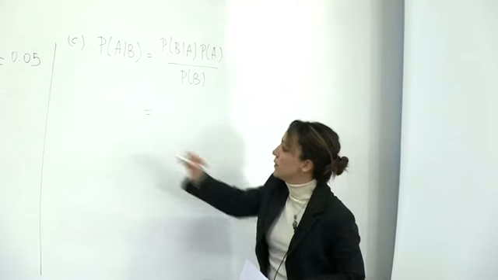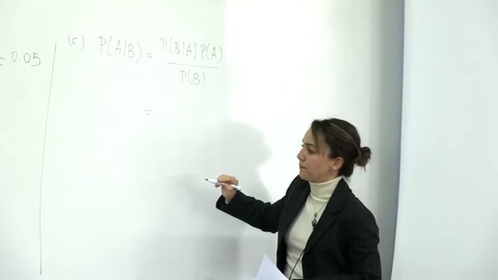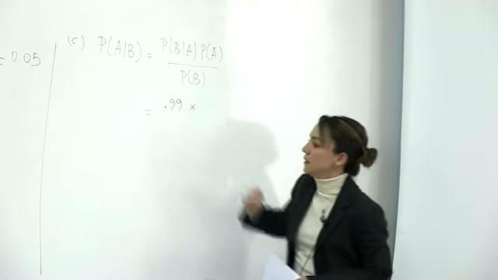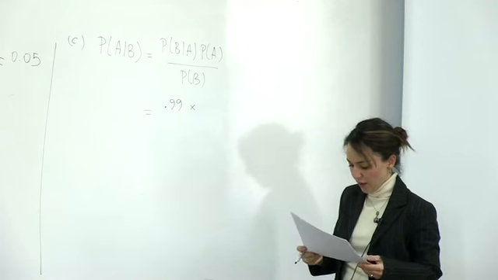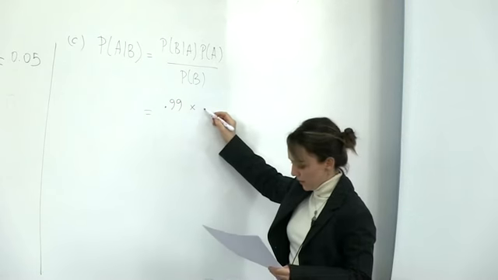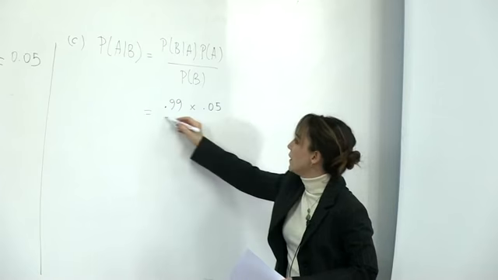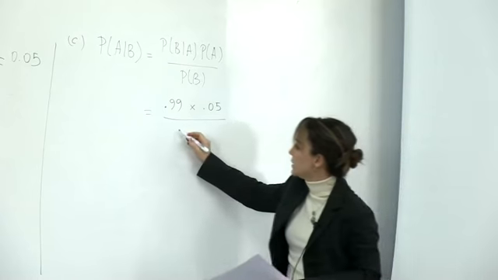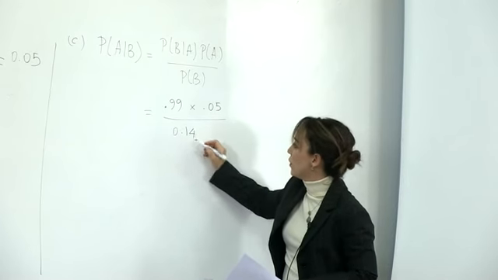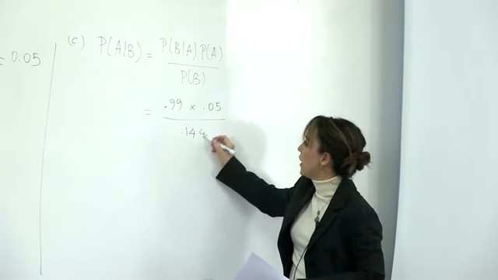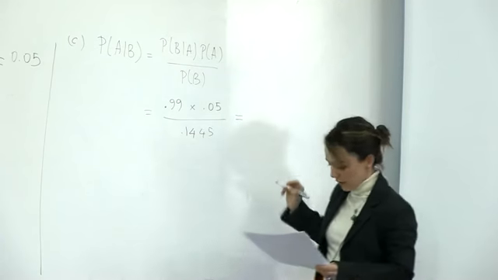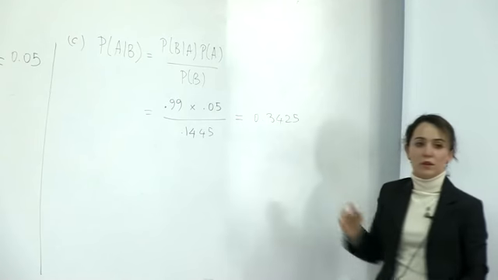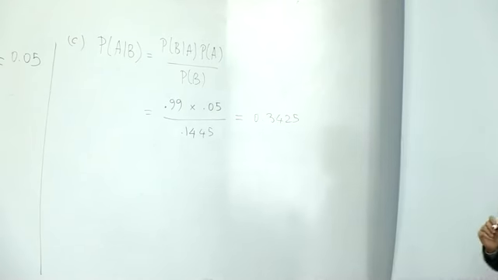P of B given A was already given as 0.99, P of A was given as 0.05, and P of B was computed as 0.1445. And the result is 0.3425. So 34%.